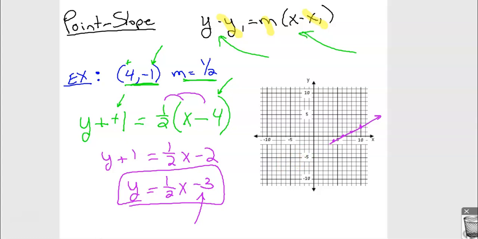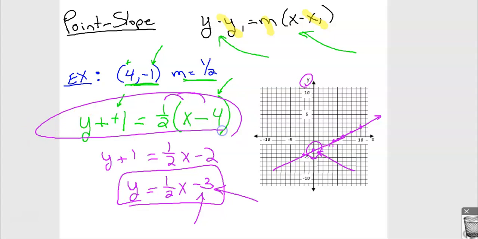But if you kept doing the slope, up 1 over 2, or you can go down 1 and 2 to the left, down 1 and 2 to the left, notice that this line actually does cross at -3. See, that's what you see. This is your y-intercept. So once you put it in point slope form, you can always check it by simply using the distributive property and solving for y.